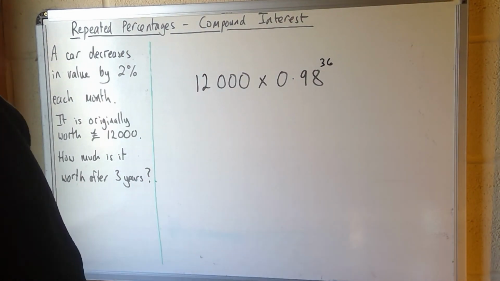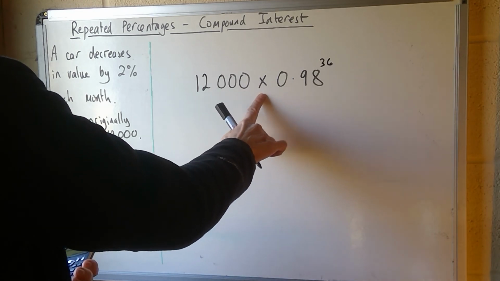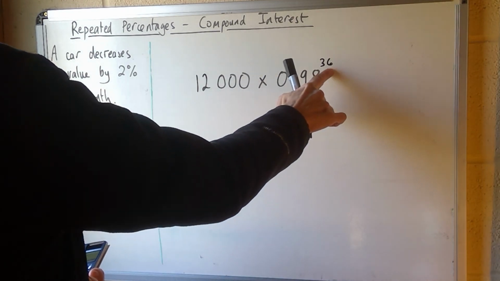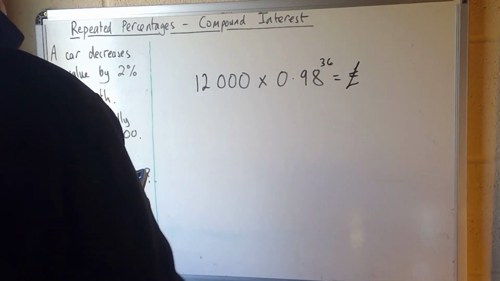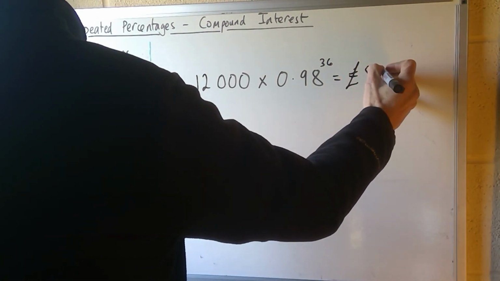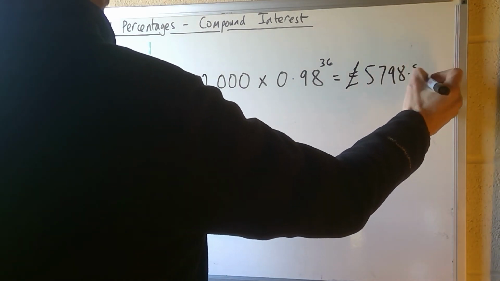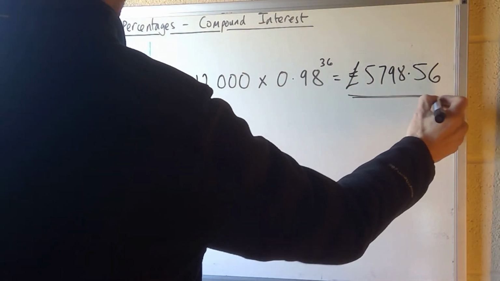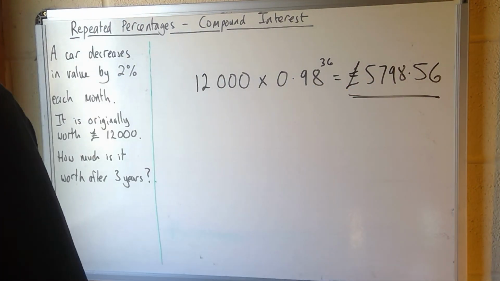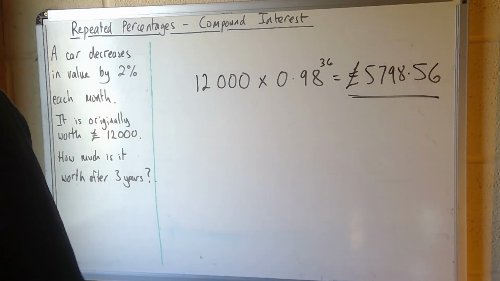And with a good calculator, I can just type this straight into my calculator. 12,000 multiplied by 0.98 to the power of 36. And the answer comes out at £5,798.56. So that's the figure after 3 years, and I've done it all in one calculation instead of having to do a repeated calculation 36 times.